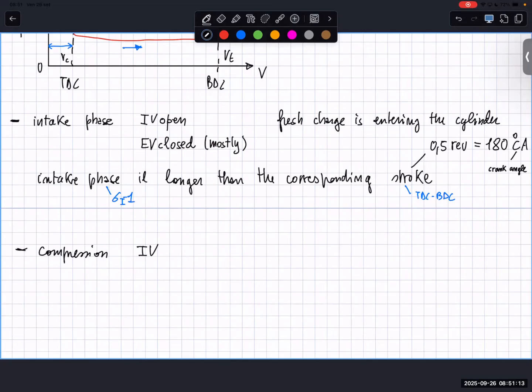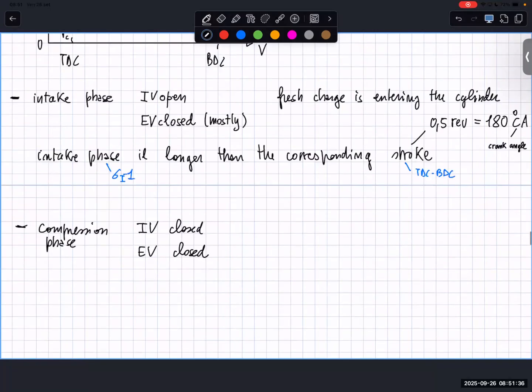Let me use the intake valve and exhaust valve: closed, closed. The phase also has a corresponding stroke.